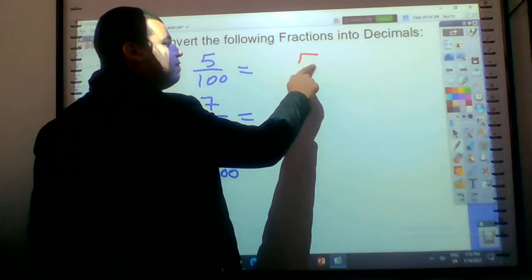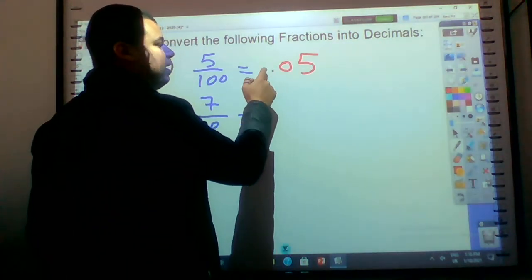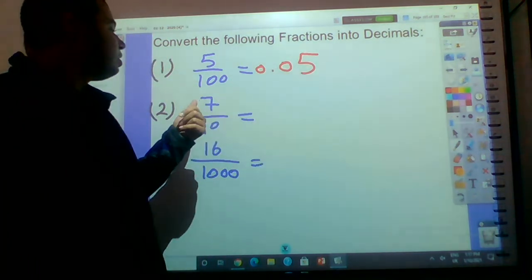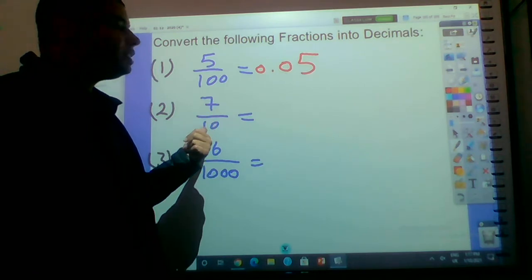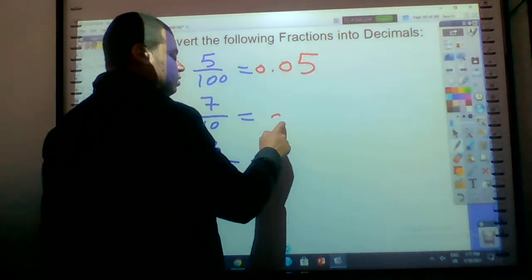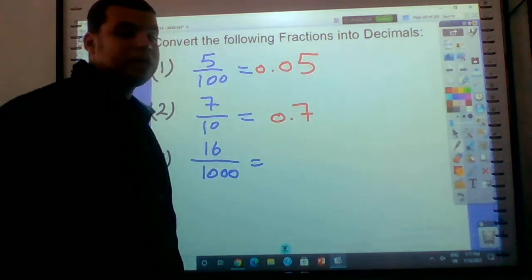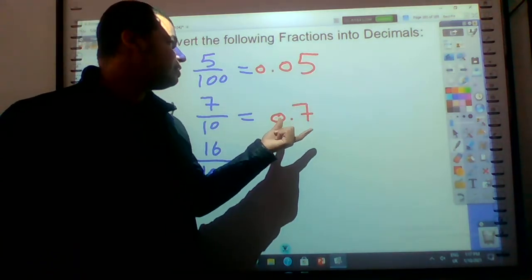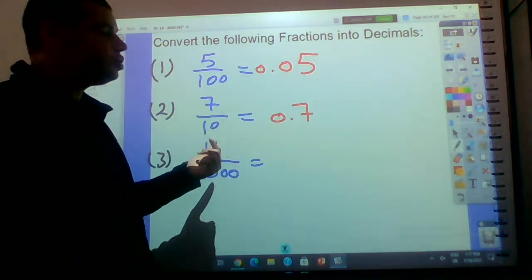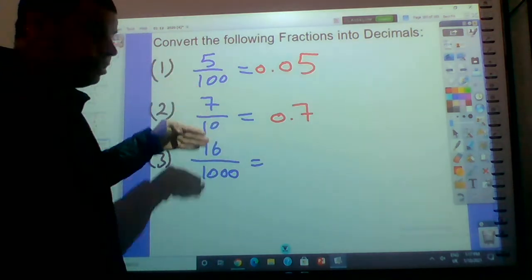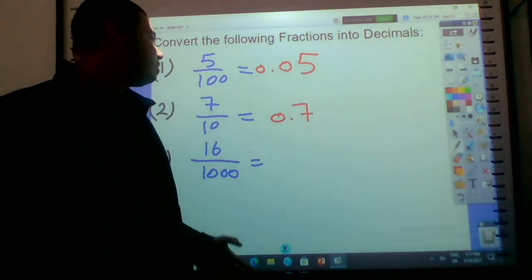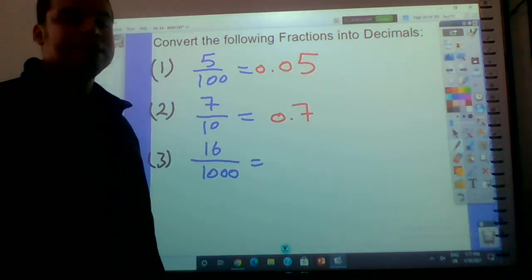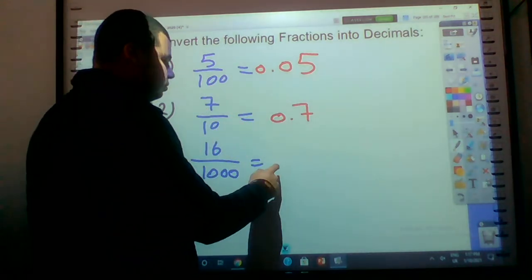It means 5 in the hundredths place. 5 in the hundredths place, exactly as a decimal. 7 tenths. We learned, guys, you mastered how to read this, like knowing that this is 7 tenths, this is 5 hundredths, and so on. So reading this properly is going to make it so easy. 5 hundredths, 7 tenths, 16 thousandths.